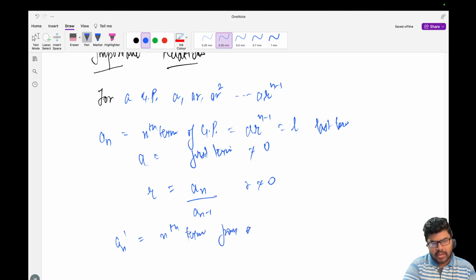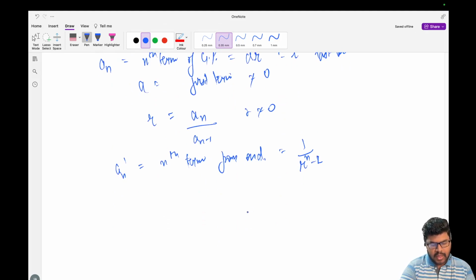And a_n dash is the nth term from the end, which is equal to 1 upon r raised to n minus 1, right?